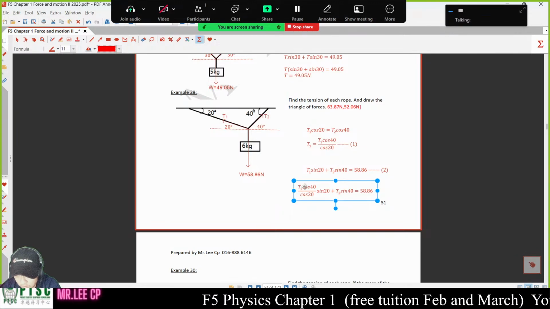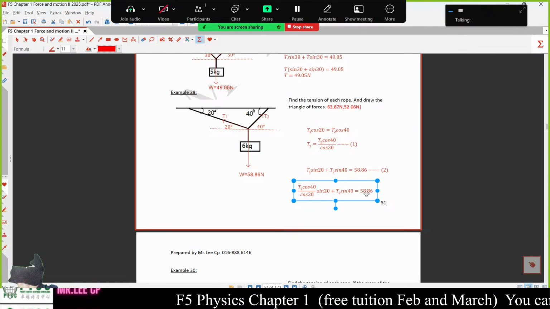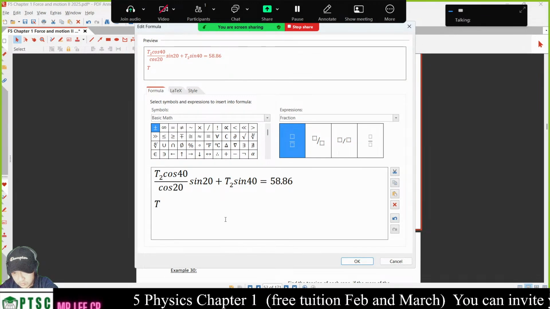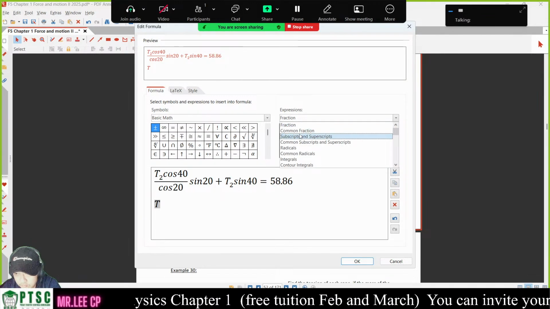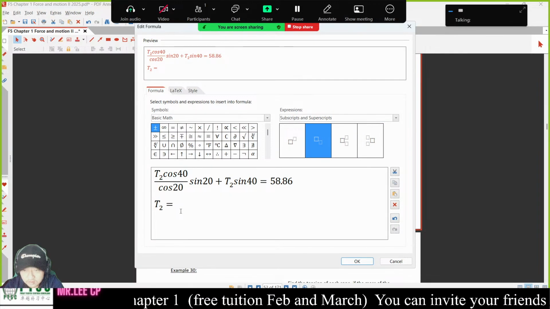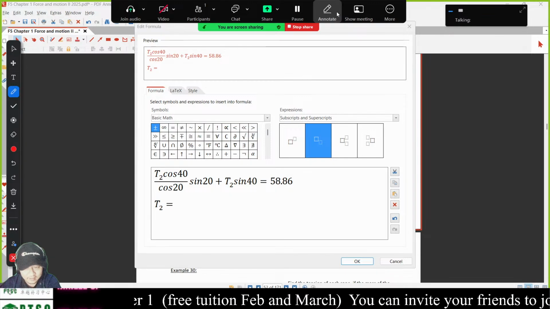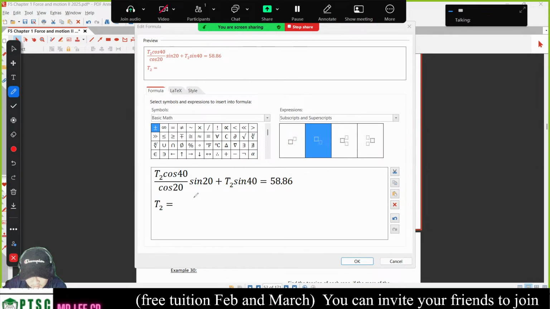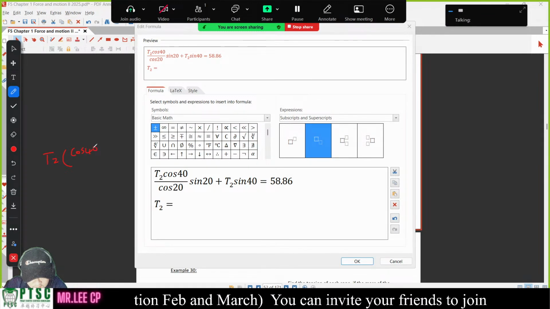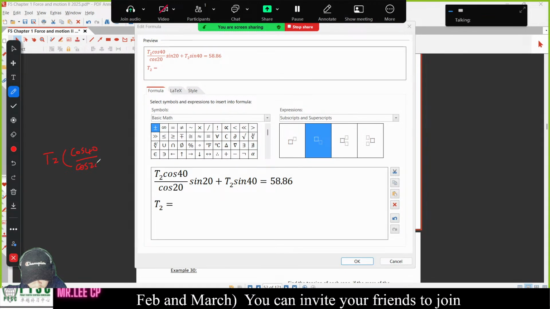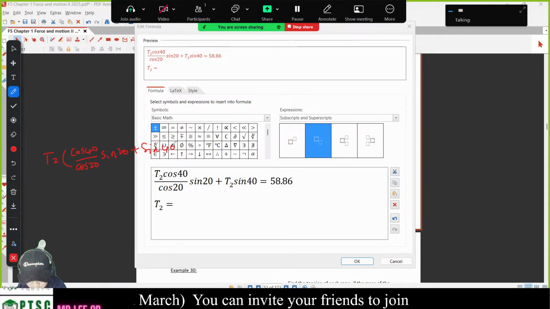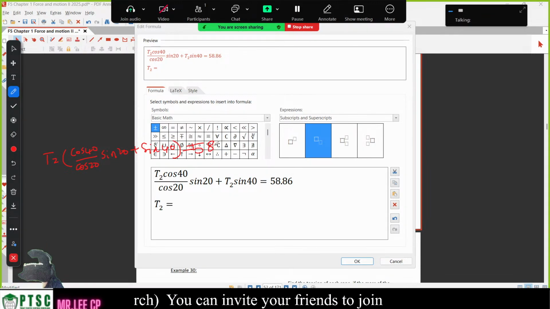Now, what I do is I got T2. I factorize the T2. Right? So now my T2 will be equivalent to, so now I don't want to rewrite here, so I should write T1 is T2 then cos 40 divided by cos 20, times sine 20 plus sine 40 is equal to 58.86.